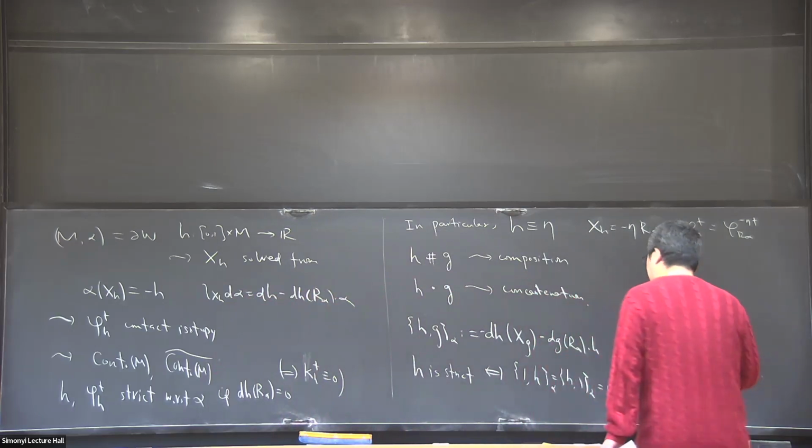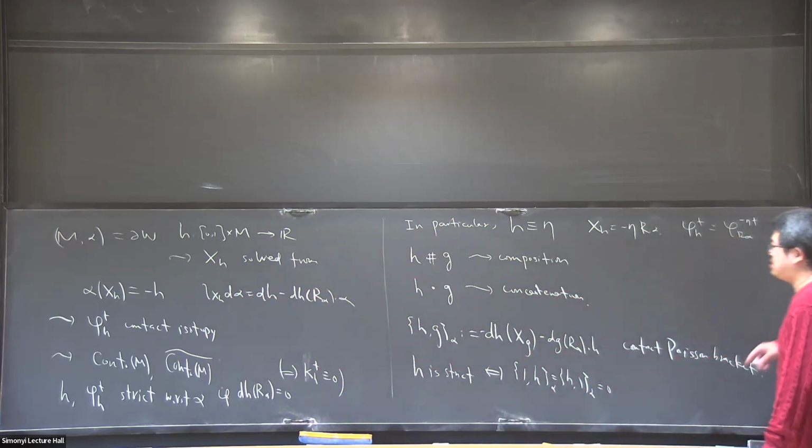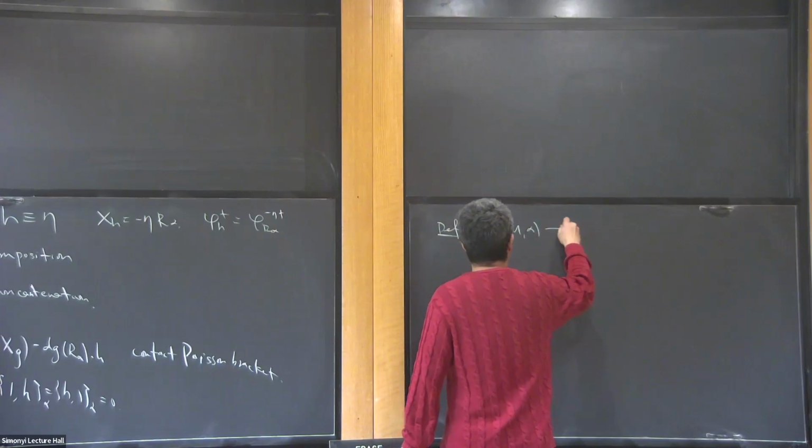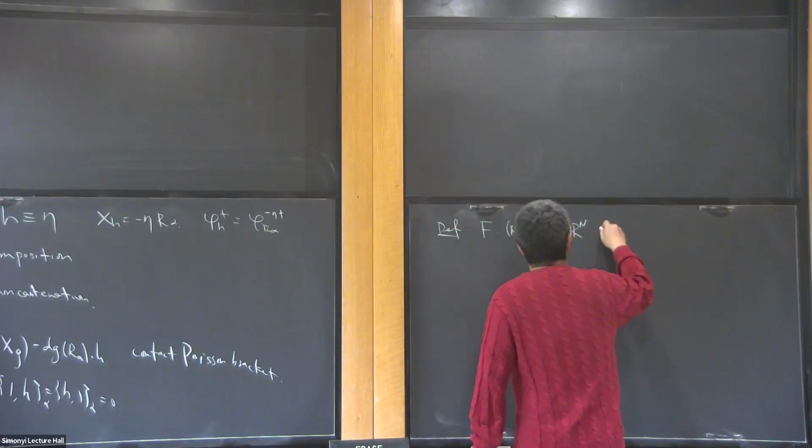Now, the reason why I introduced this notation is because of the following definition. Let F be a map from a contact manifold to R^n.